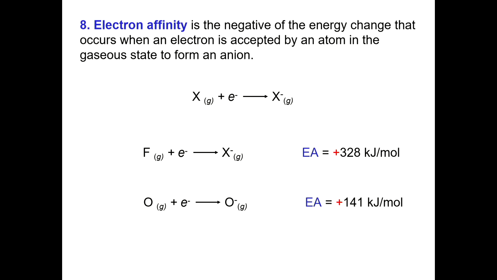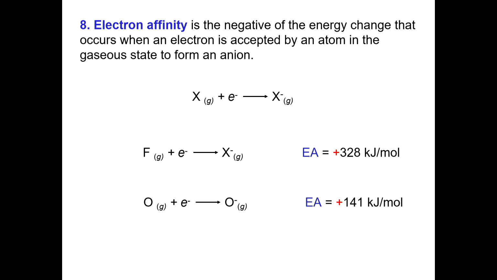So basically, we use the negative of the value to define electron affinity. So, for example, for fluorine, if we get one electron, it will release 328 energy. Okay.